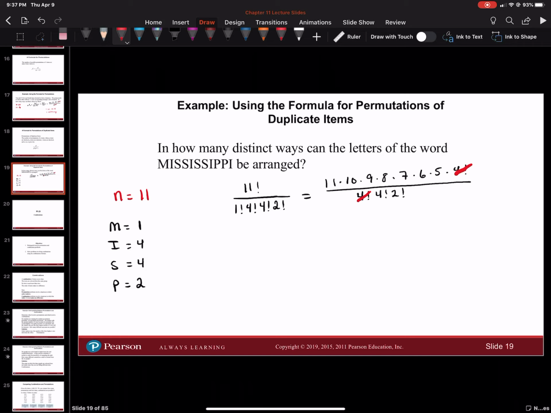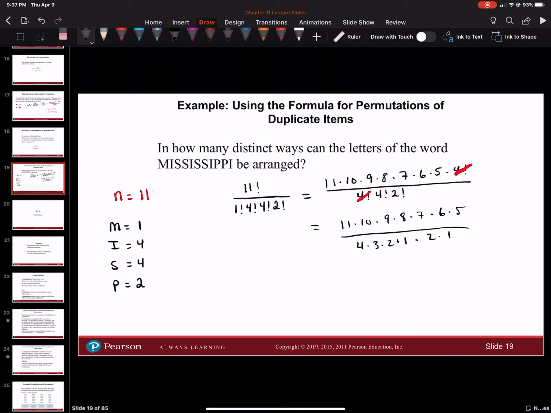Now we're left with 11 times 10 times 9 times 8 times 7 times 6 times 5, and this is all over 4 times 3 times 2 times 1 times 2 times 1, because that's what 2 factorial is.